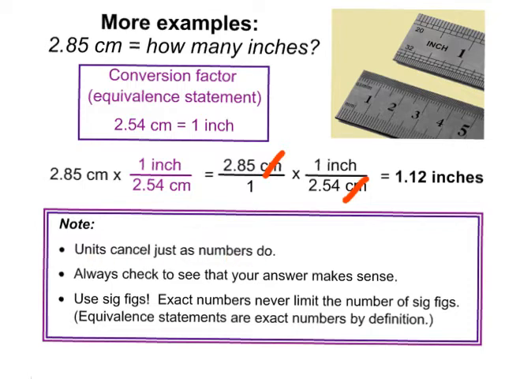Some important things to remember. Units cancel just like numbers do. Another thing, always check to see that your answer makes sense. Does this answer make sense? Yes, it does. If I had gotten an answer of 112 or something, well, no, that wouldn't make sense, and that wouldn't correlate at all in my mind. So always make sure that your answer makes sense to see that you're doing it right. Use sig figs.